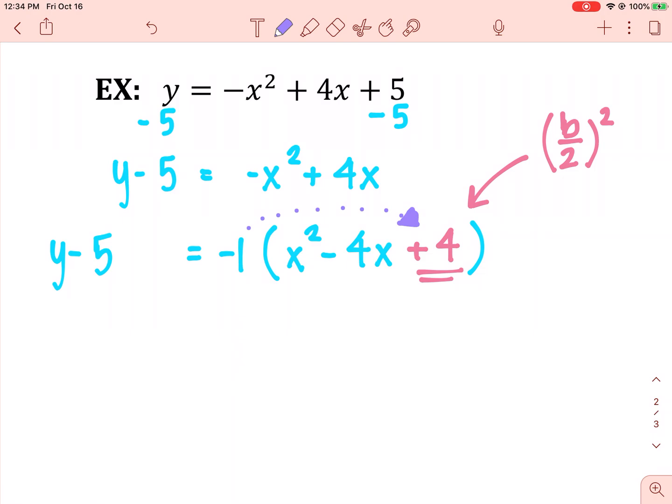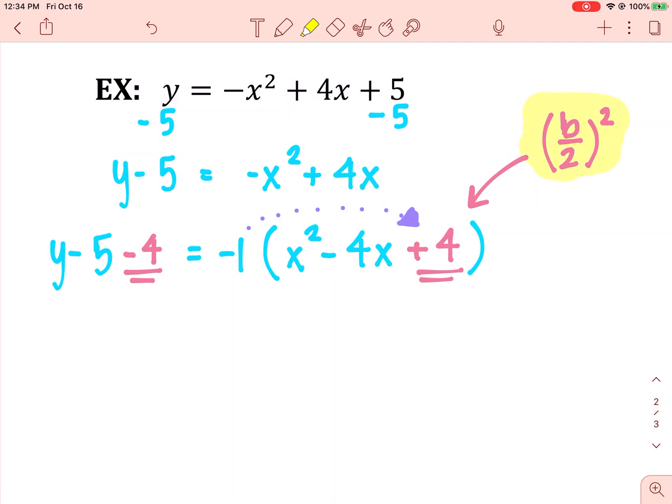On the right side, I added 4, but it had that negative 1 on the outside. So really, you subtracted 4, which means subtract 4 on this side. You have to do the same operation. Look at that negative 1 that it's being distributed.